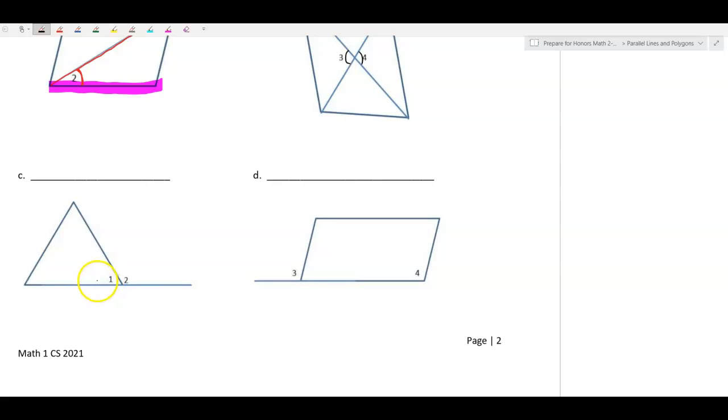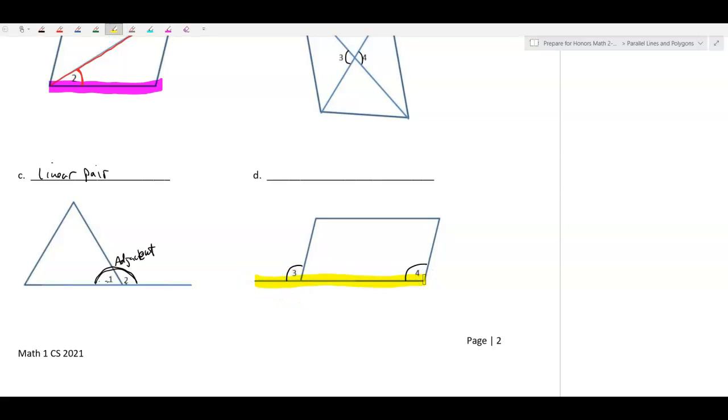Now, just a refresher too, 1 and 2, notice how these are adjacent angles, right? And anytime we have adjacent angles and they add up to 180, that is what we call a linear pair. And then when I look at 3 and 4, notice, they both touch this line here.